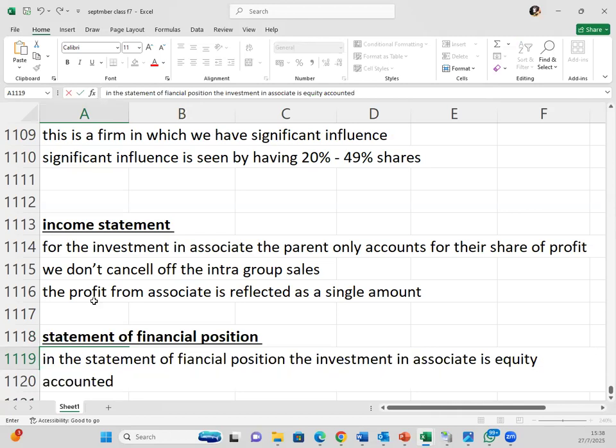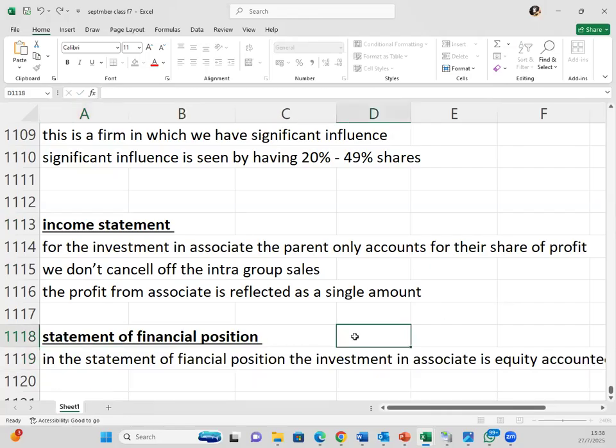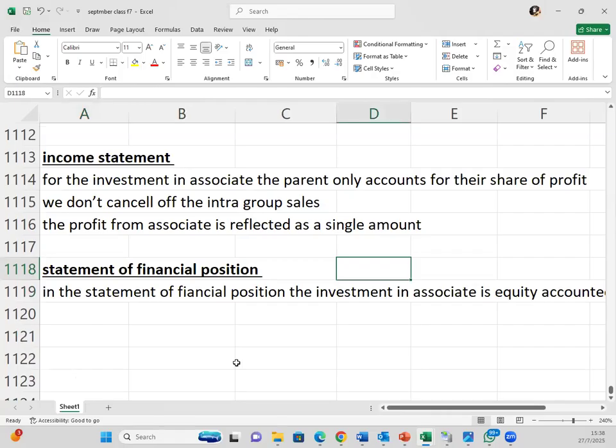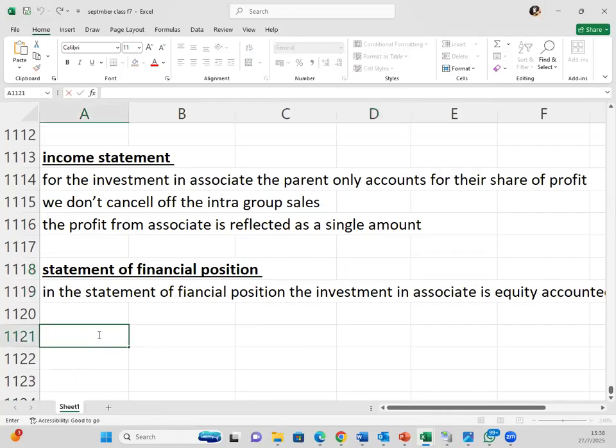So what do I mean by the investment in associate is equity accounted? There is the equity accounting method, which let me give you the layout. For the equity accounting, the cost of the investment comprises of the following.